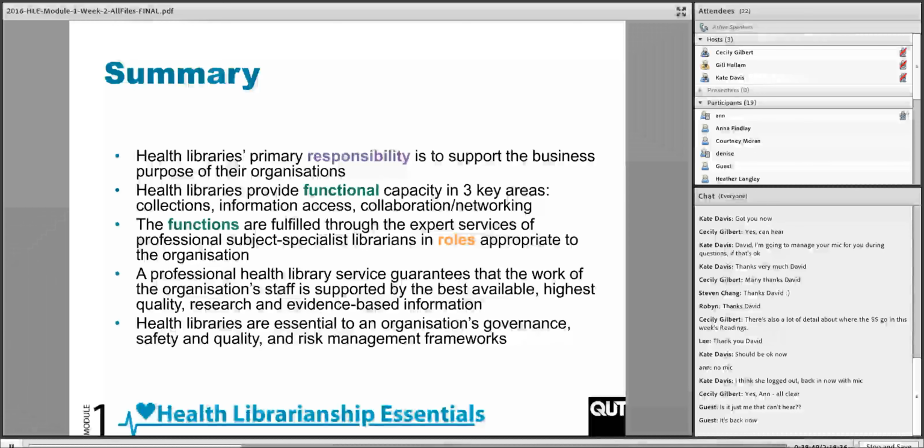A professional health library service guarantees that the work of the organisation's staff is supported by the best available, highest quality research and evidence-based information. And finally, health libraries are essential to an organisation's governance, safety and quality, and risk management frameworks. So that's it in a nutshell.